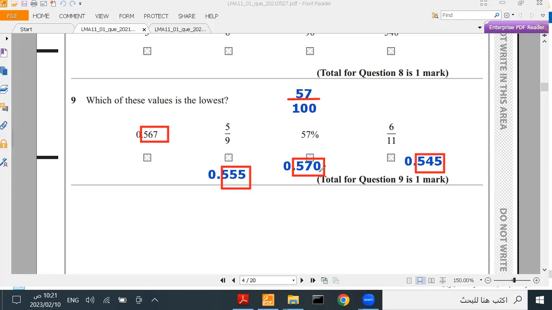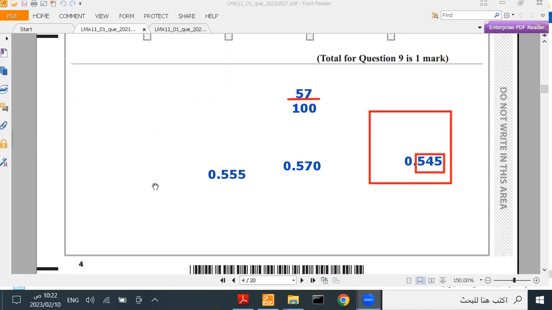If I am not sure of this, I put them on top of each other and see which one is the smallest. Okay, so the answer is 6/11. Very good. You get the idea? Good. Now let's move on to the next question.